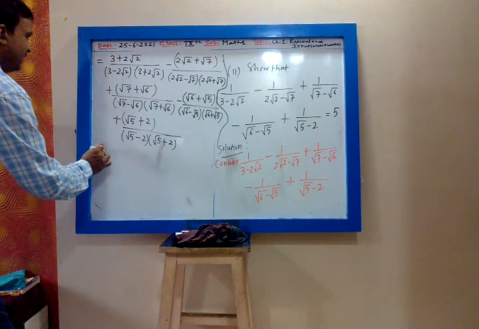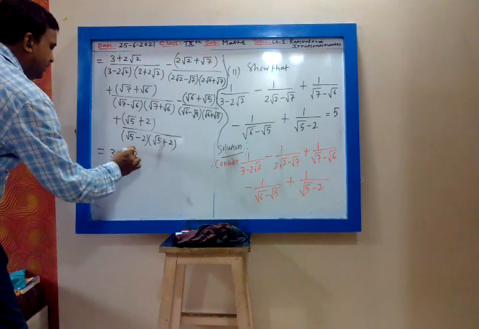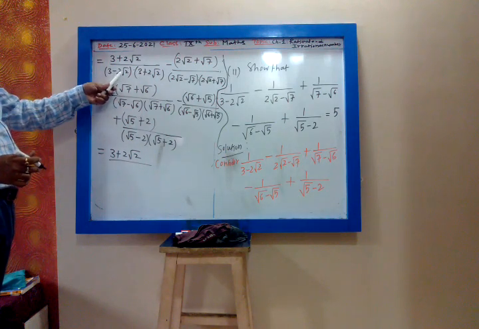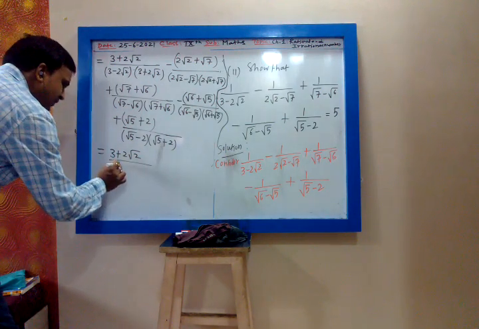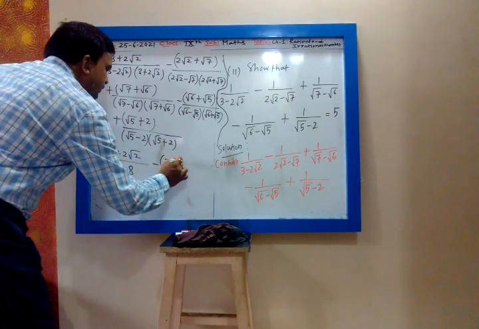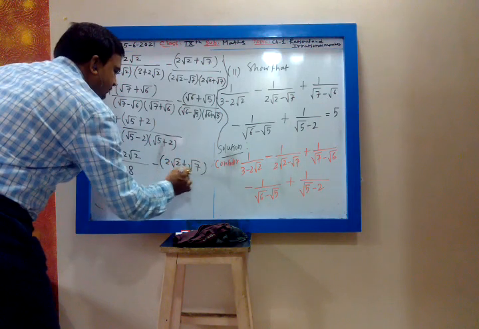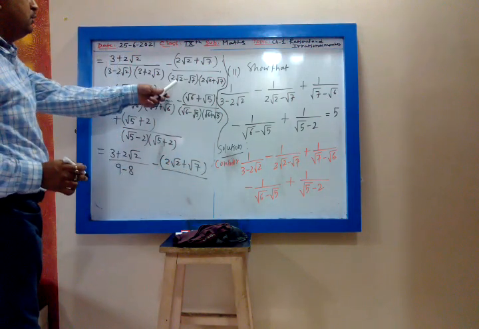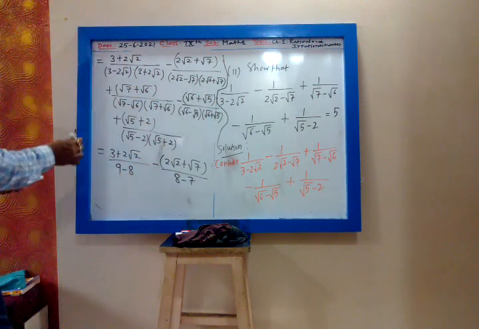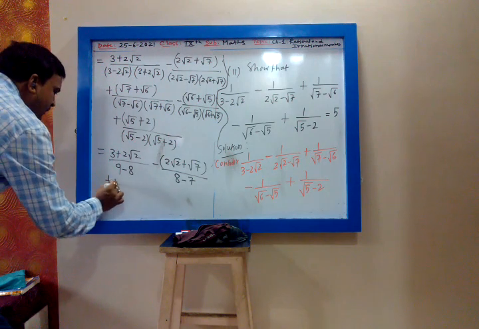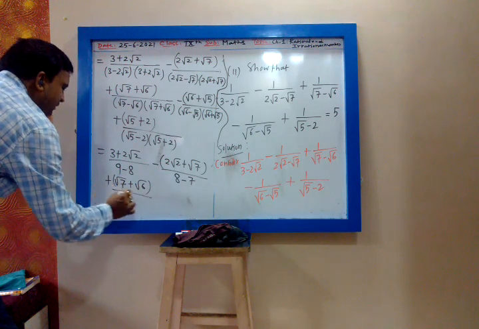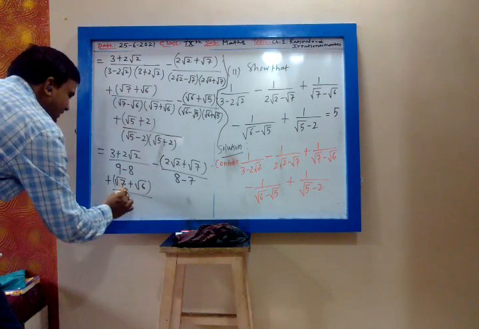So let me write. That will be 3 plus 2 root 2 upon 3 square is 9. What is 2 root 2 square? 8. 9 minus 8. Minus 2 root 2 plus root 7 upon 2 root 2 square 8, 8 minus 7. Then plus root 7 plus root 6 upon 7 minus 6.